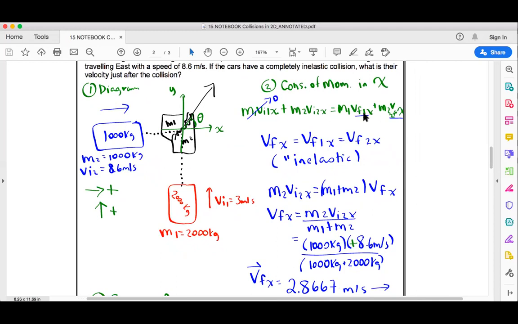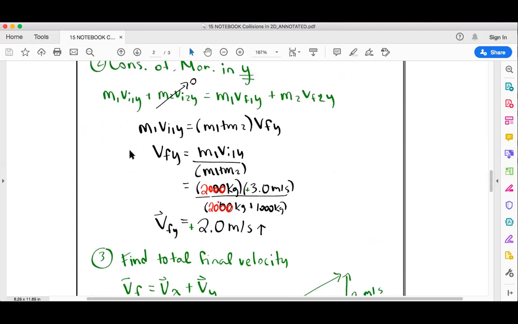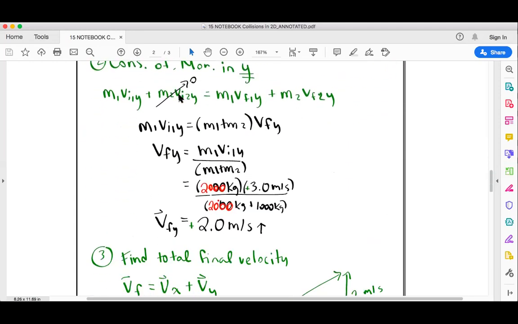But we need to do this all over again for the vertical. So now in the vertical, we have VI1Y that is not zero, but VI2Y is zero. There is no Y component of this eastbound car, no north or southbound component. So we're going to write it out again, and VI2Y cancels to zero. And similarly, we isolate VFY.